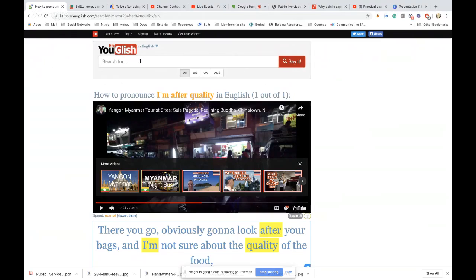They come from different places, maybe Australia, New Zealand, England, Ireland, Scotland, US, and you can learn to understand any accent. You can hear how they pronounce not just one word, but a bunch of words together, and in what context it's used. And you can see the subtitles, so if you cannot hear something, you can always check the subtitles.